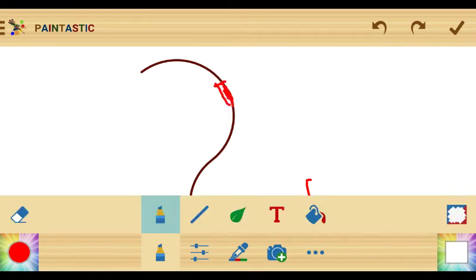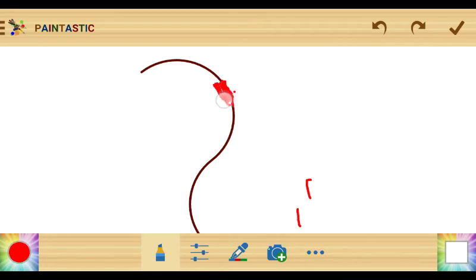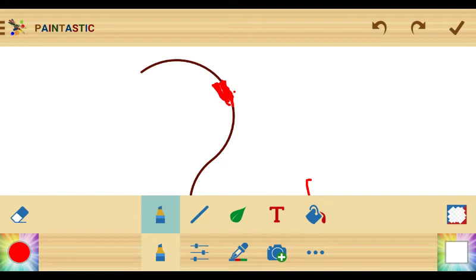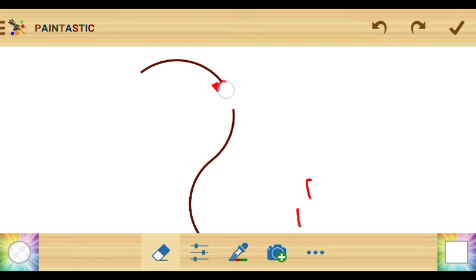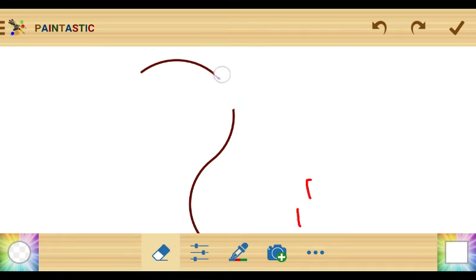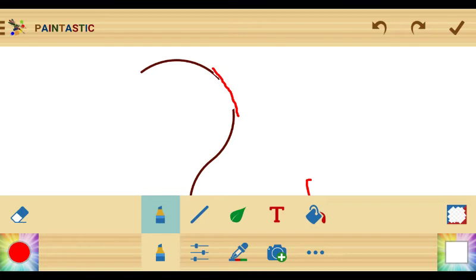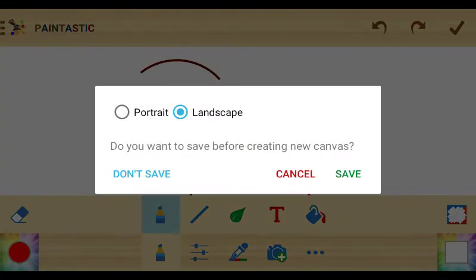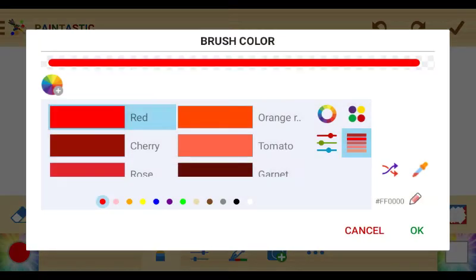This is a smaller section of that wire. I draw with my black pen.